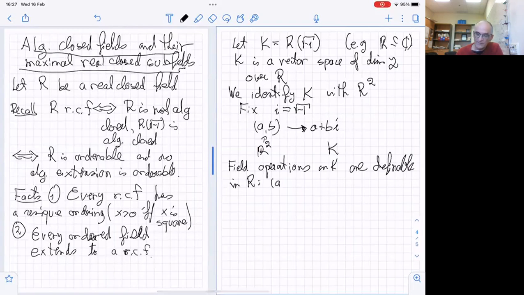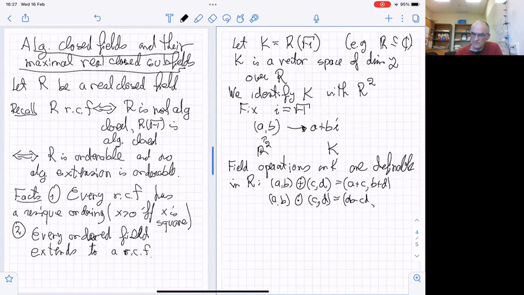The plus on K is just the usual addition, coordinate-wise, and (a, b) times (c, d) is (a plus bi) times (c plus di). If I got it correctly, it's (ac minus bd, bc plus ad). We just get it by multiplying a plus bi times c plus di.